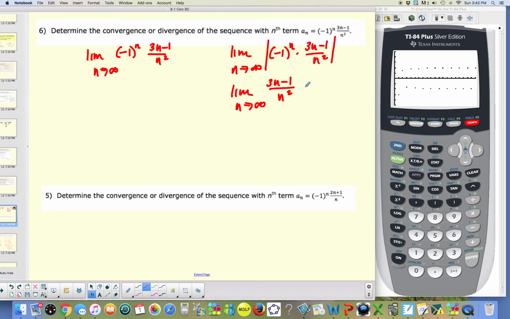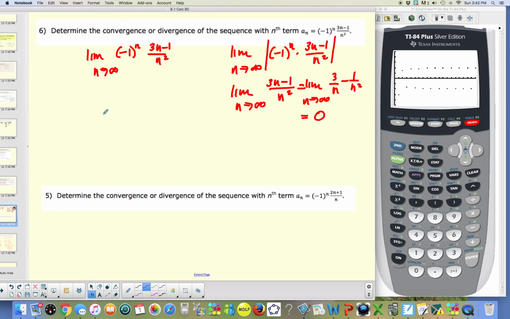And I can see that when I separate these, this is going to be 3 over n minus 1 over n squared, and both of these are going to go to 0, and so this value is 0.